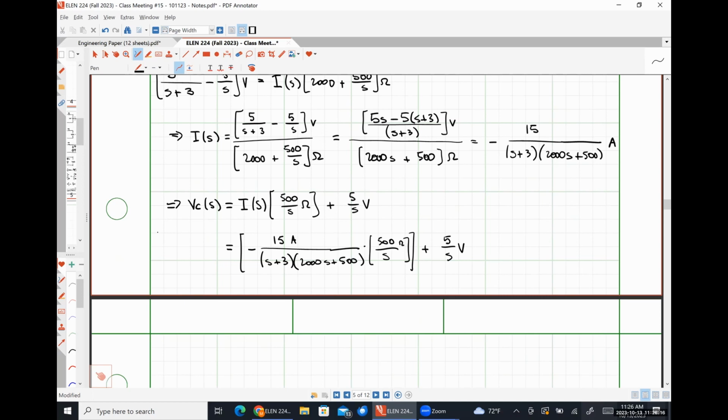All right, so now to make my life easier, I'm going to factor this 500 out here, which means I'm just going to divide this thing by 500 so that it's less ugly, right?